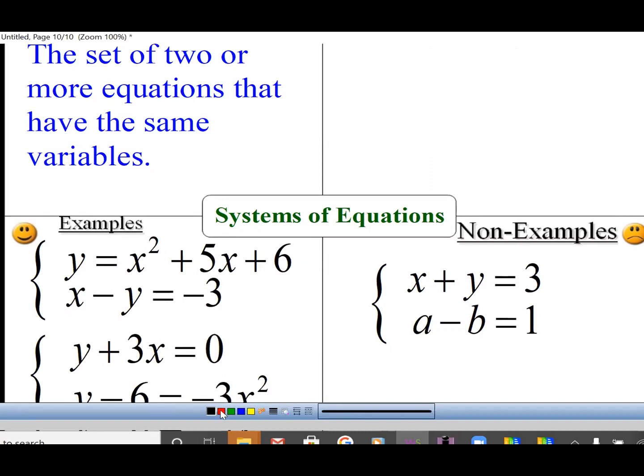So let's get a couple of hashtags. Systems of equations. Hashtag what? Hashtag what makes them a system? What is the most obvious thing that makes them a system?